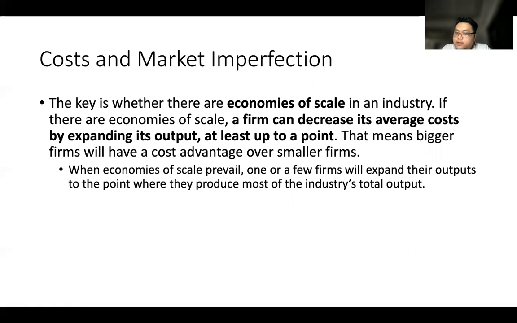If there are economies of scale, a firm can decrease its average cost by expanding its output at least up to a point. That means bigger firms will have a cost advantage over smaller firms. Remember increasing returns or economies of scale: if they increase input by a certain proportion, they get to produce more than that.